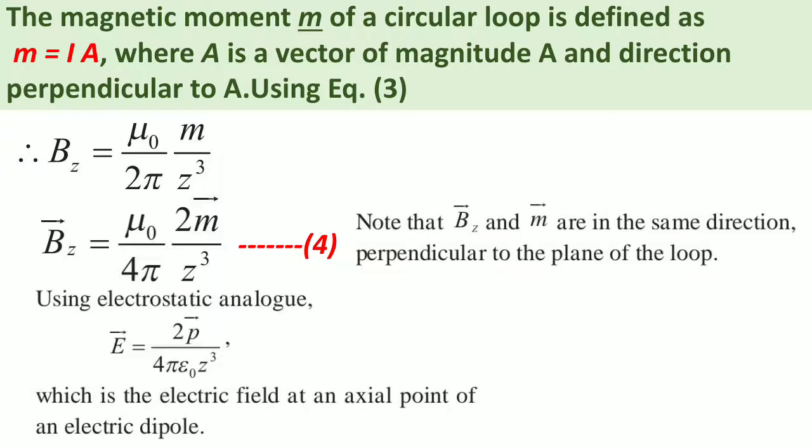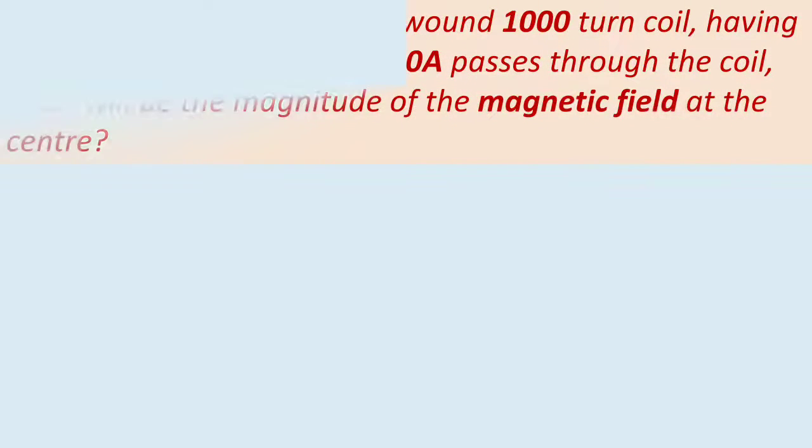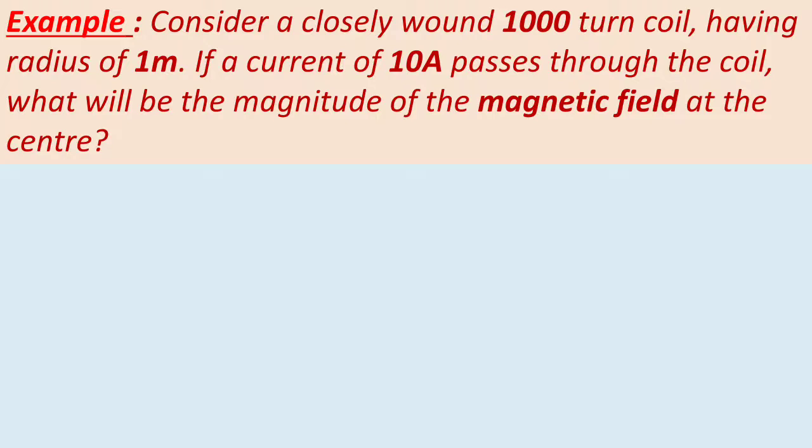Now, next to that, we have a very interesting topic, but before we start with that topic, we have to take one example here so that it is easy to see the application of the formula that we have derived.